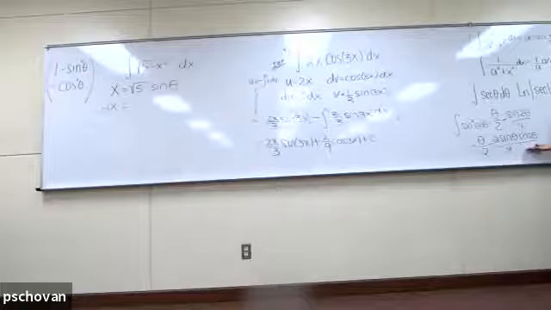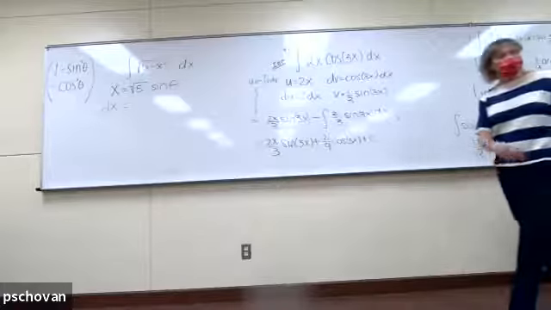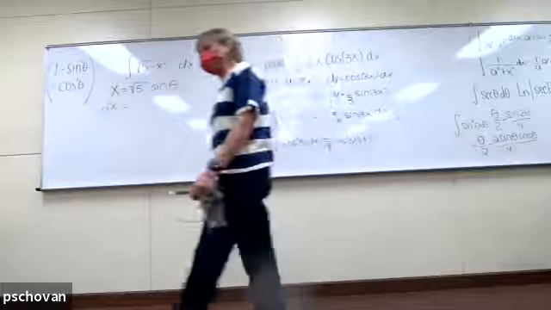And I think this is the one where this identity might help you at the end to get things back in terms of x. Sine of 2 times an angle is 2 times the sine times the cosine of a single angle.